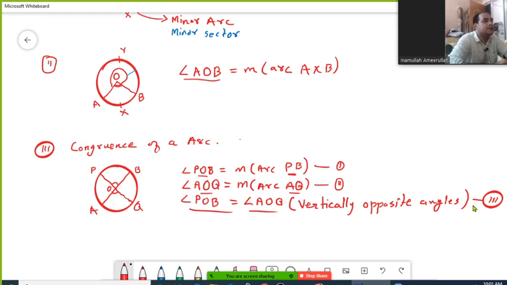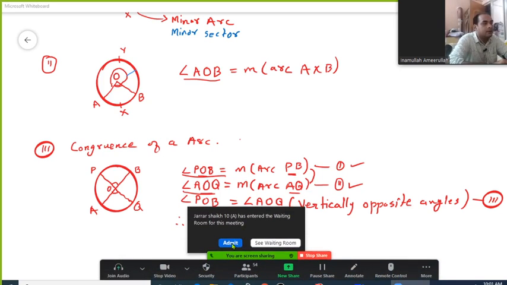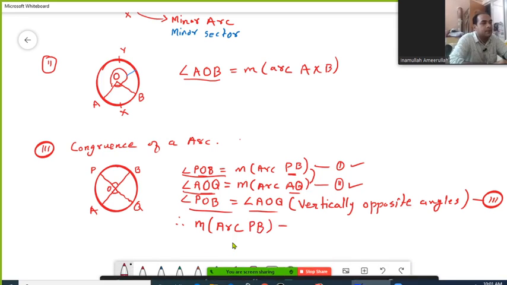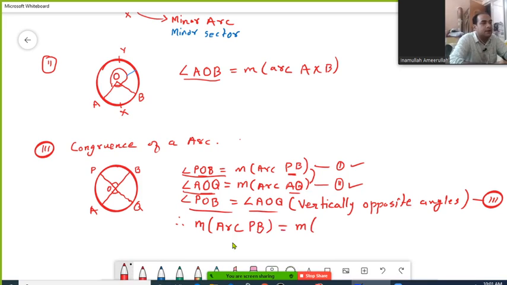These two angles are equal, which means left hand side in equation 1 and 2 are same. So in that case you can say that the right hand side of the equation is also same. So you can say arc PB is actually equal with arc AQ. From 1, 2 and 3.